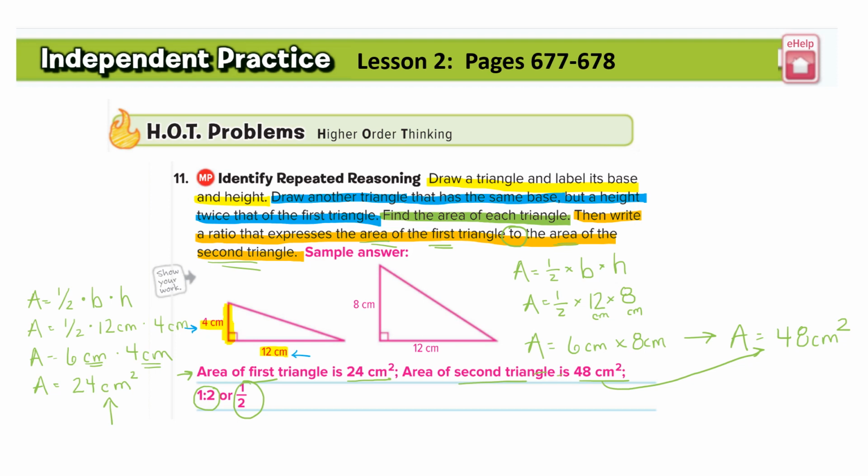We have 24 to 48, and that equals 1/2. Or we could have written 24 to 48, which is 1 to 2. And that goes back to our very first chapter on ratios.